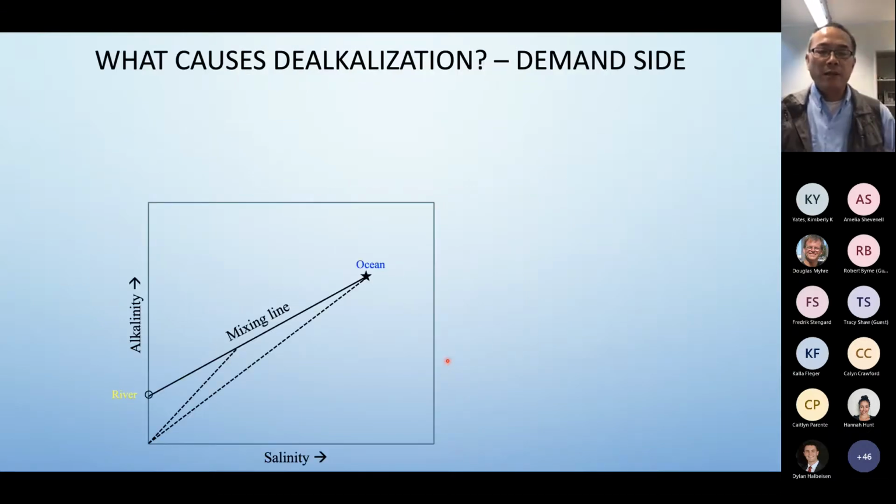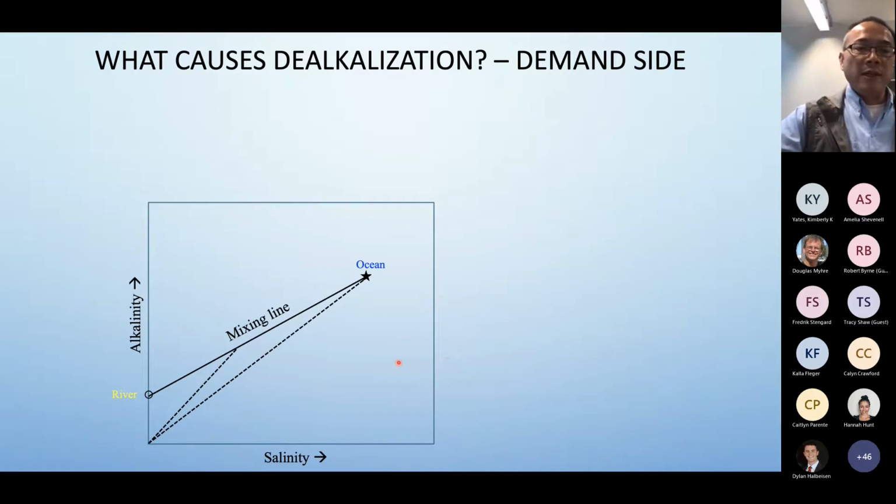Just to show you the theoretical part of the reasoning, here you can see this is the river and this is the ocean. As I said, alkalinity is semi-conservative. If you have no reaction going on, you would expect alkalinity distribution to follow this pretty straight line between the river and the ocean.